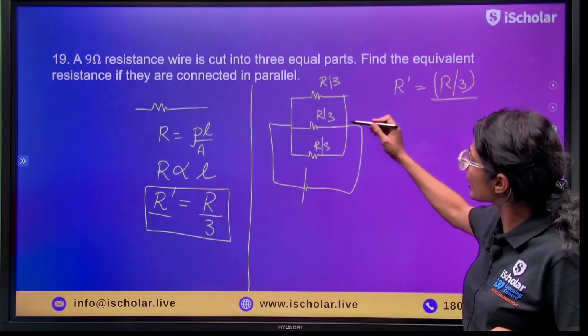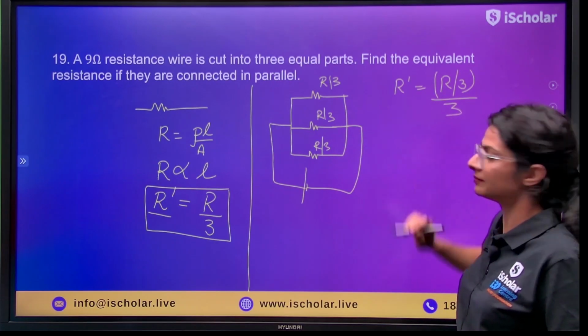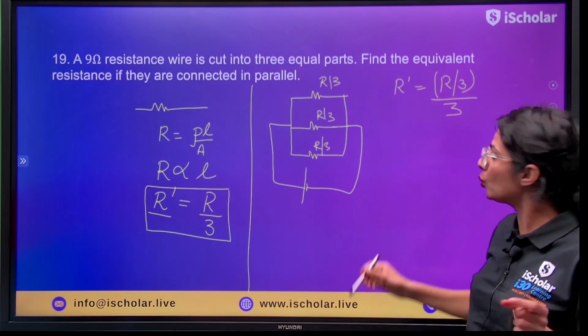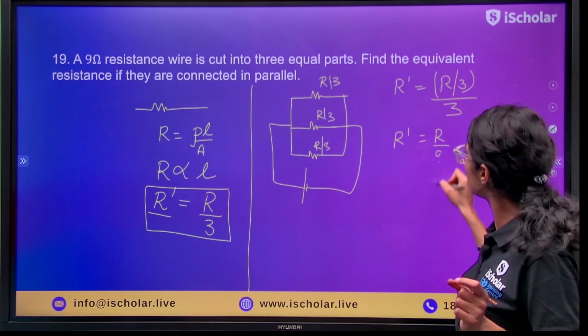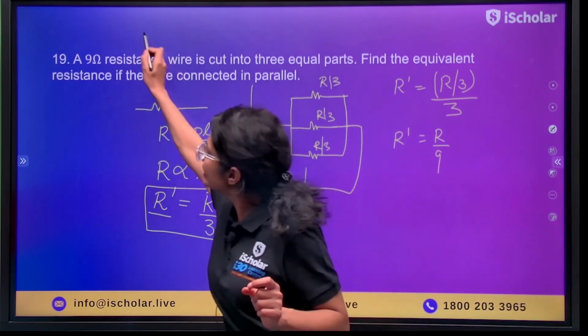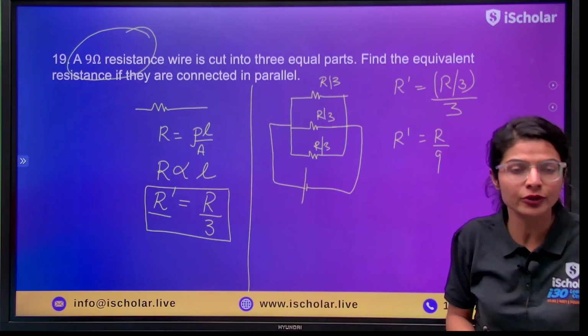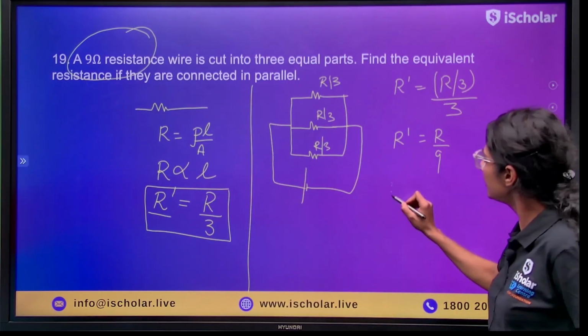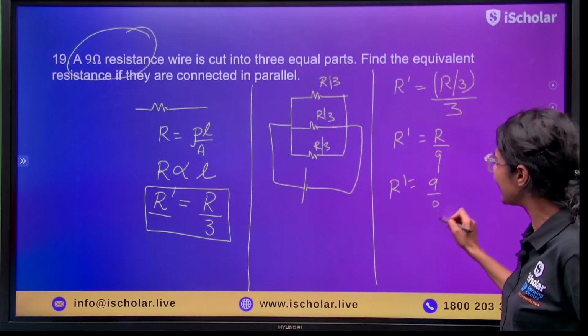Since they are 3 times, I am writing it as 3. The total resistance will be given as R by 9. And we know that the initial resistance value is 9 ohm, which is given to you students. So just putting it over here, the R dash value would be 9 by 9, that is 1 ohm.